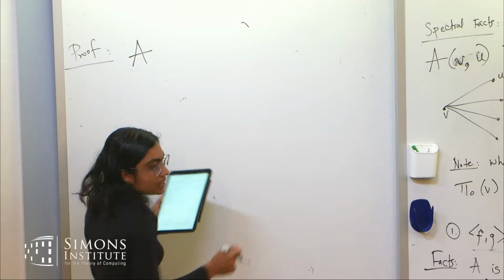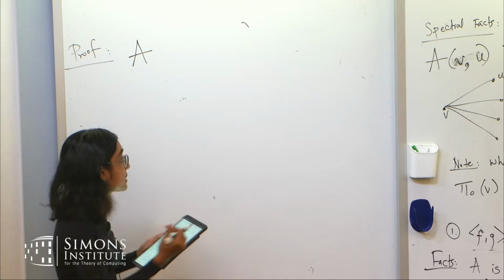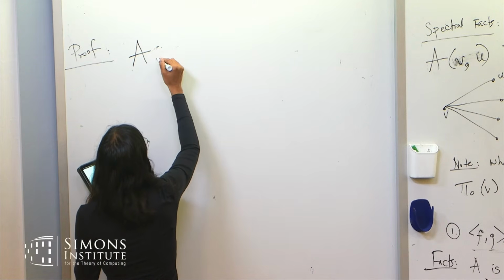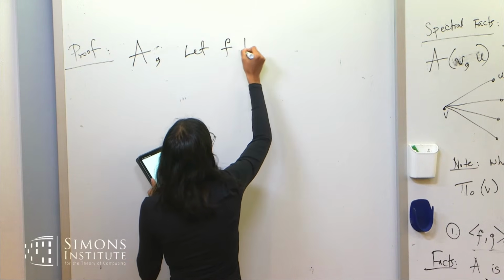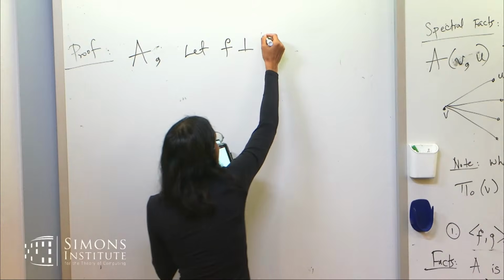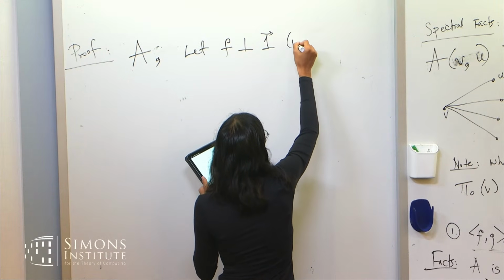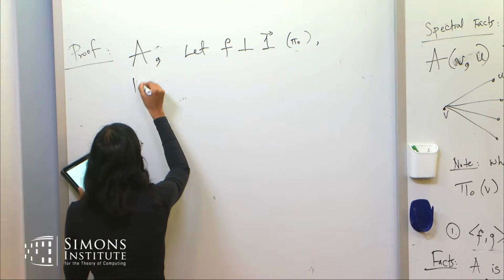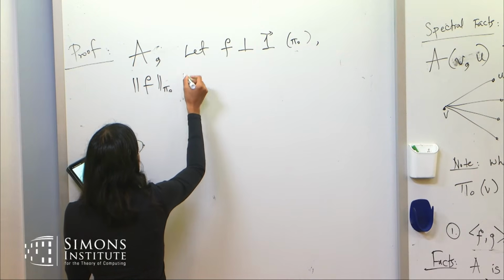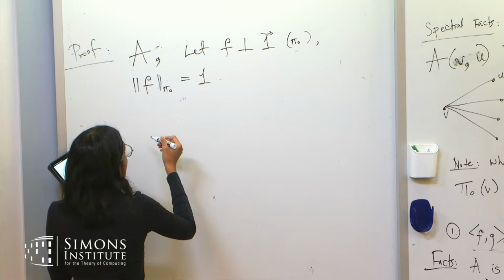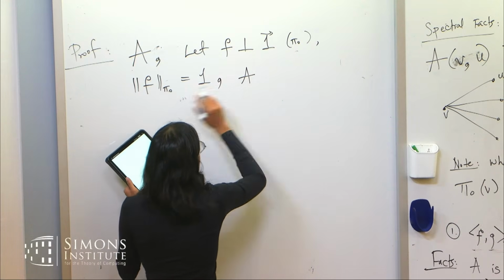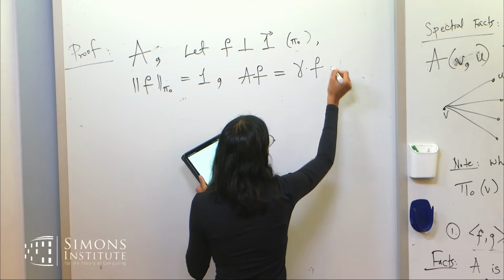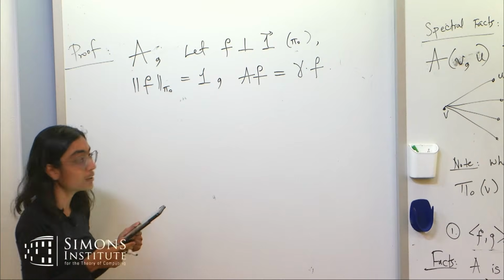And let's analyze some eigenvector, let's say it's the second eigenvector F. So let F be perpendicular to the all ones vector, in the pi 0 inner product, and let the norm of F in the pi 0 inner product be 1. Given that F is an eigenvector, we have AF equal to gamma F, and we want to prove that gamma is small.